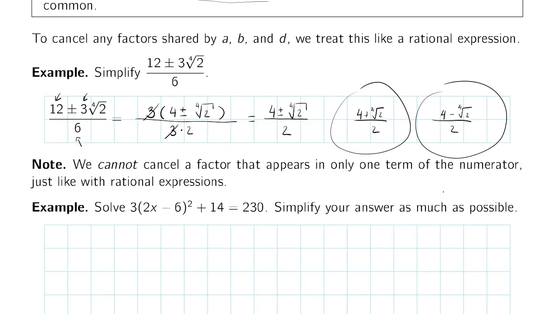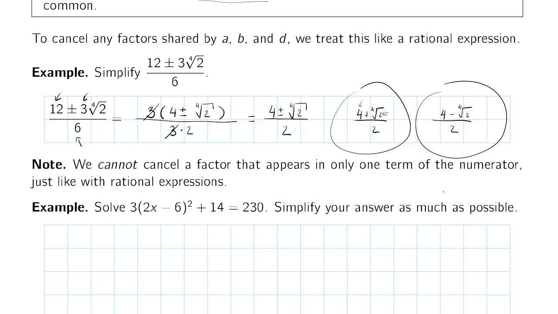Notice we can't cancel this 2 with just this 4. We can't cancel factors that only appear in one term. We also can't cancel this factor that shows up inside the radical, because 2 is not a factor of the numerator. The fourth root of 2, which is a different number, is a factor of the numerator.